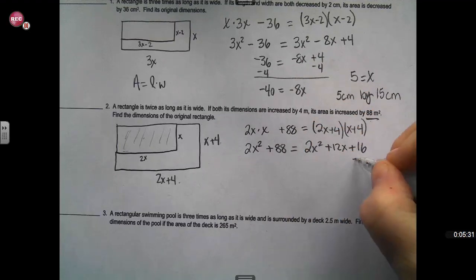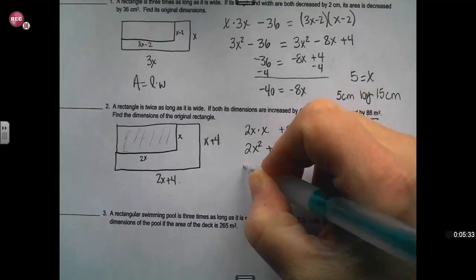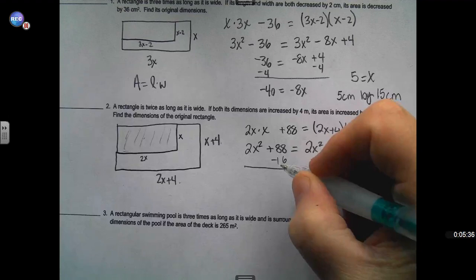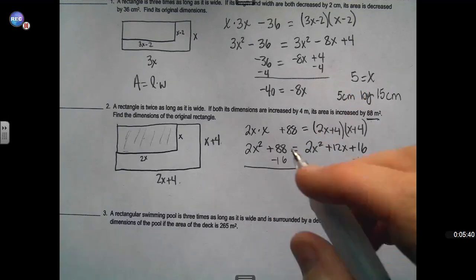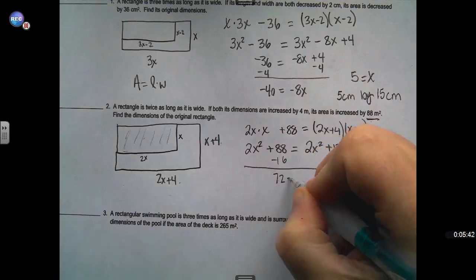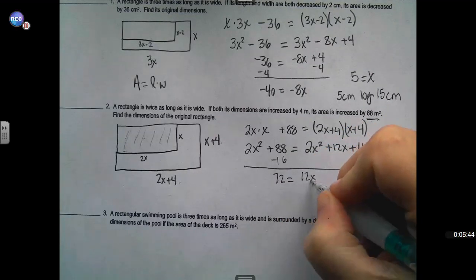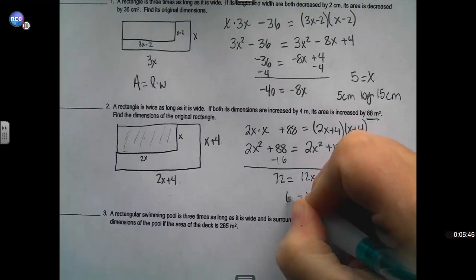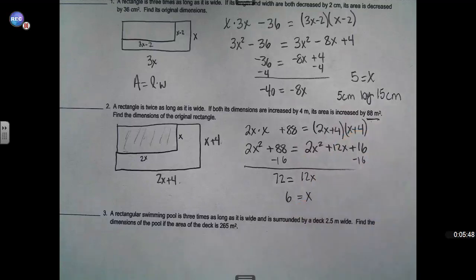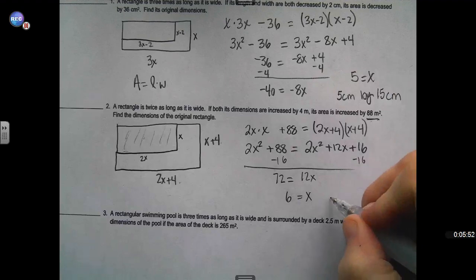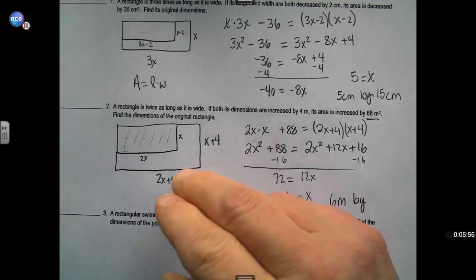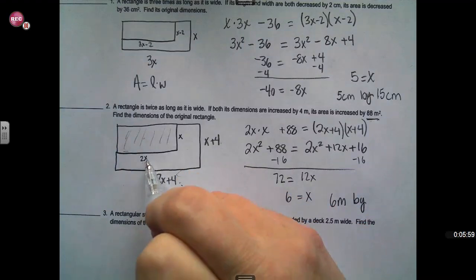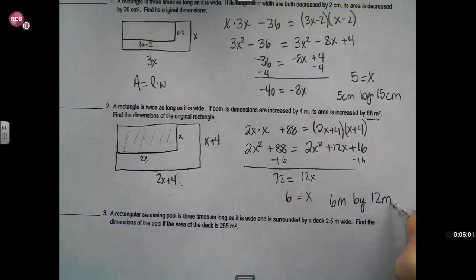I can subtract 16 from both sides and get 72 equals 12x, and then divide by 12, x is 6. And again, we want to find the original dimensions. So the original dimensions are going to be 6 meters by 2 times 6, which is 12 meters.